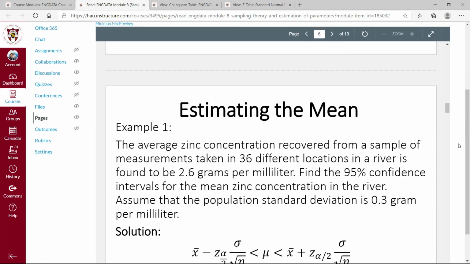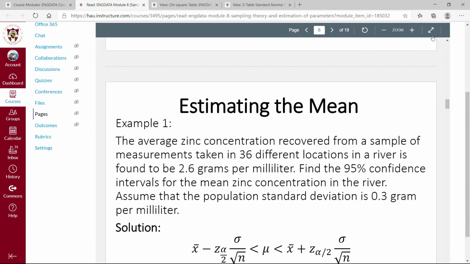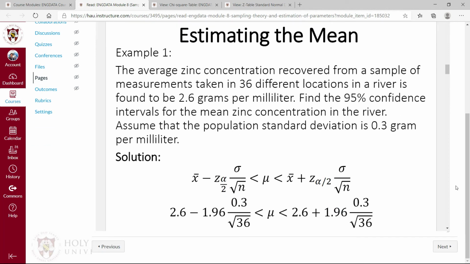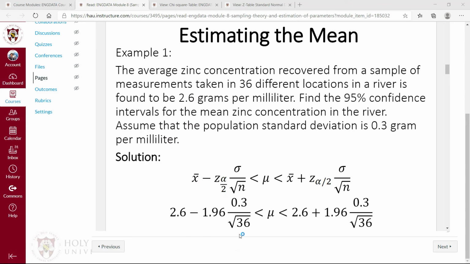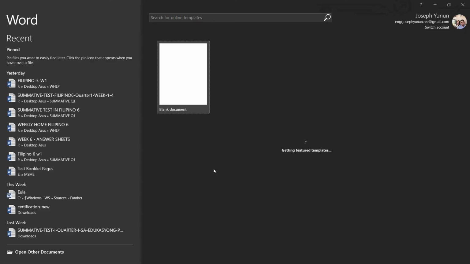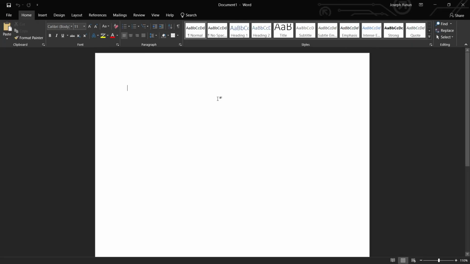Okay, let me just use a word document. So the first step will be to find the alpha level.